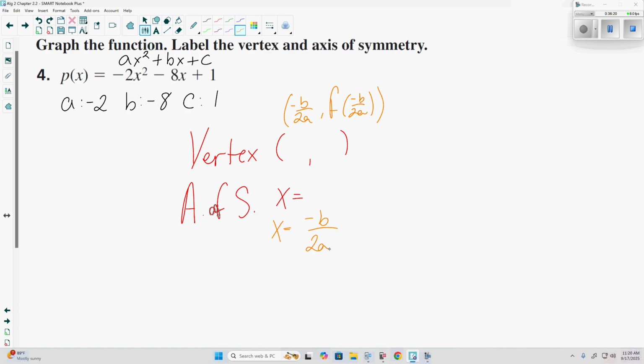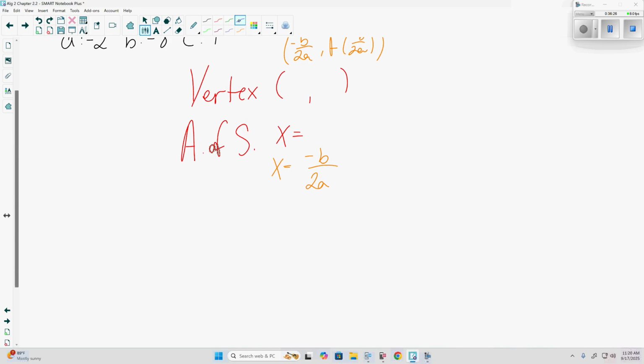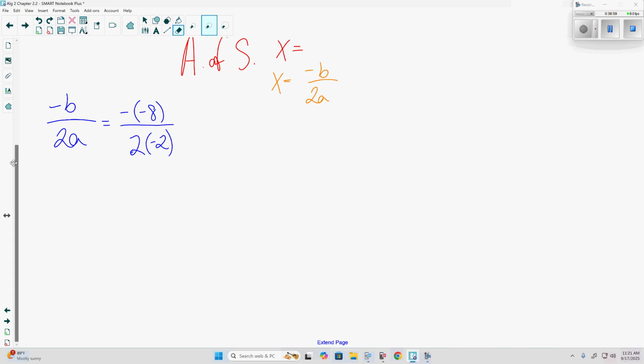So again, just like what we did, we need to find negative b over 2a first. So we need to plug b and a into the negative b over 2a. So our value b is negative 8. So we plug it in b's spot on top. The value of a is negative 2, so we plug it in its spot on bottom.